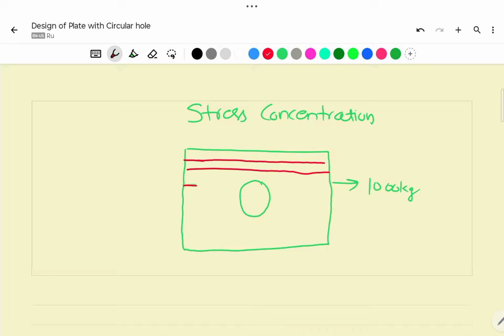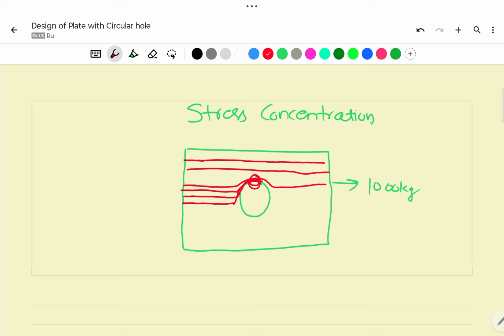But here the load path is stopped by the hole, so it needs to travel around it, from above. So at this region my stresses are concentrated; the stress is higher at this point.